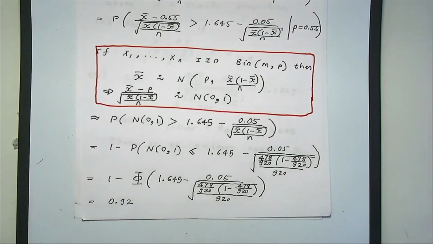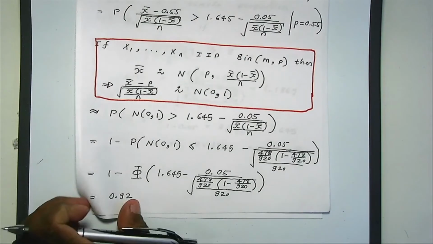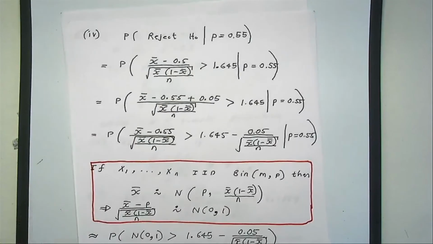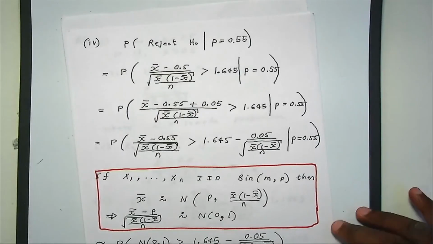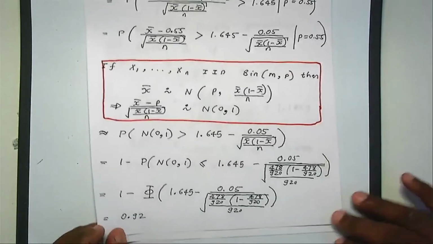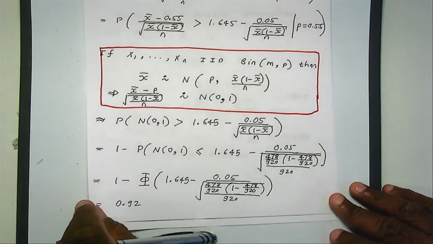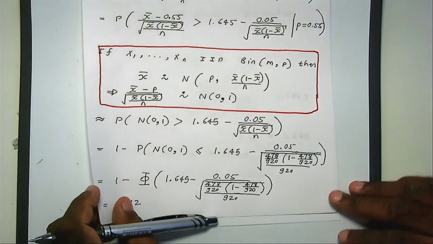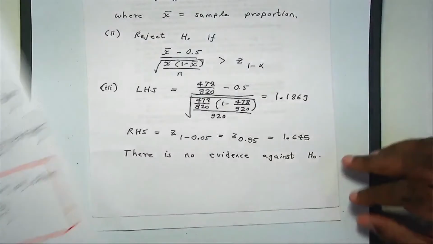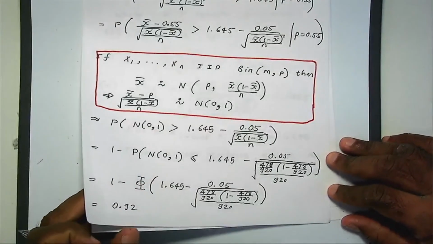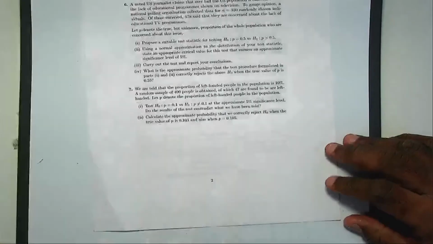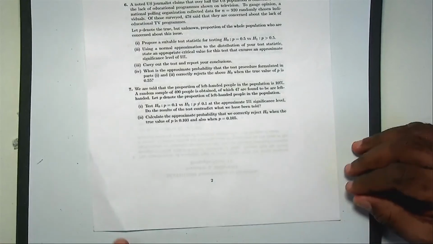So this is the probability of rejecting the null hypothesis when the true value is 0.55. Right, so this completes question 6. And the final question on this sheet is question 7.